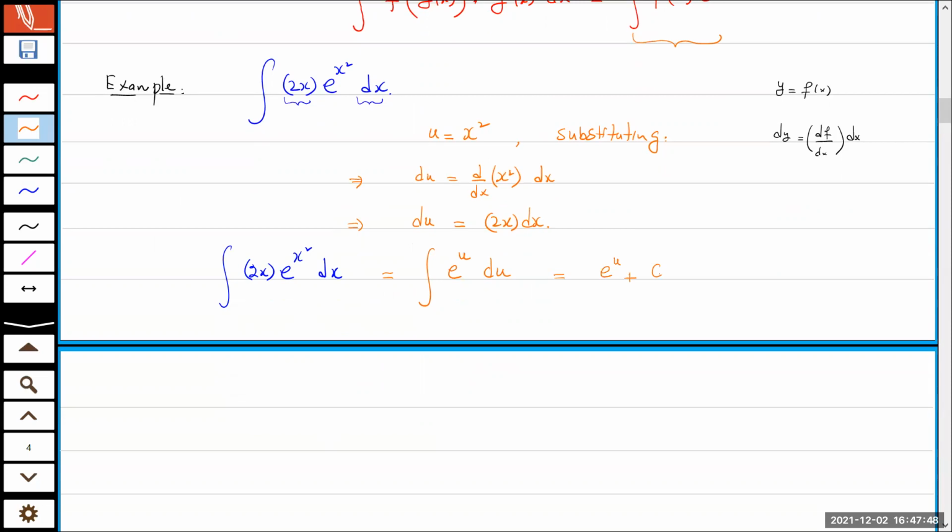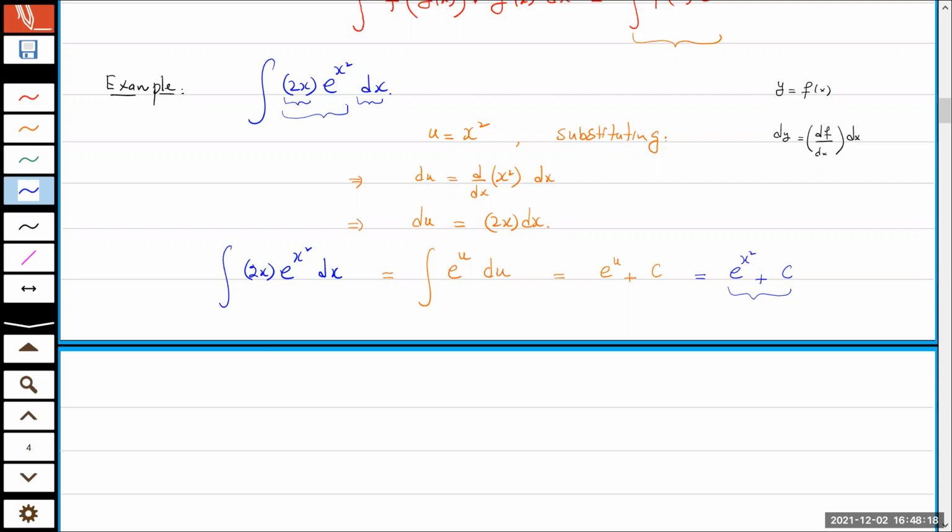But we're not done yet, because our original variable is not u. Our original variable is x. Now I go back to my substitution. I know u equals x squared. I finally write, this is e to the x squared plus the constant of integration. That is the antiderivative for this function over here. Now we are done with the indefinite integral.